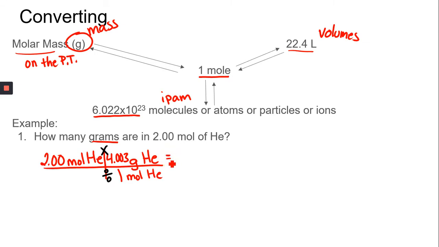When we write the answer, the number of significant figures is based on the number of significant figures in the number given to you in the problem. So 2.00 is 3 significant figures. The zeros count because they come after the 2 and there's a decimal. So we're going to write 8.06 grams helium. Number, unit, substance.